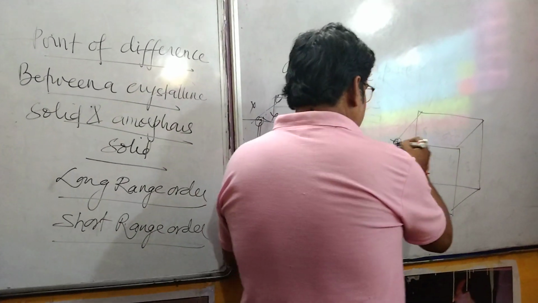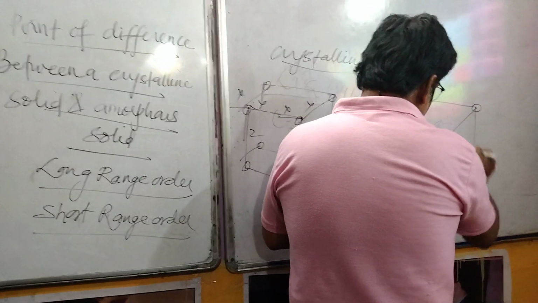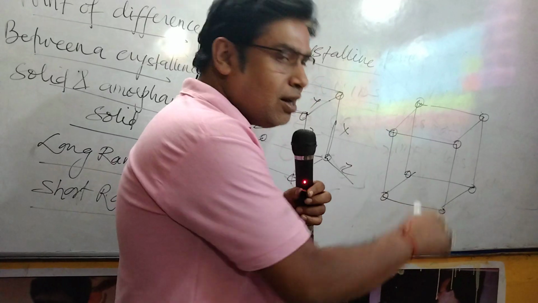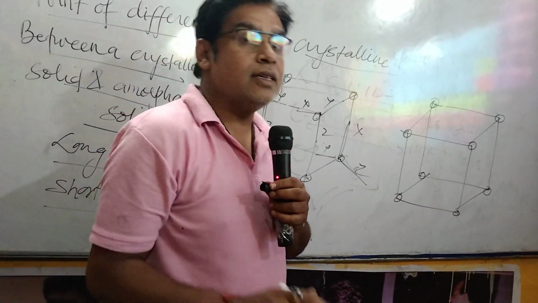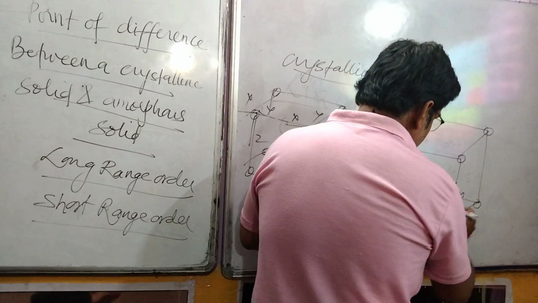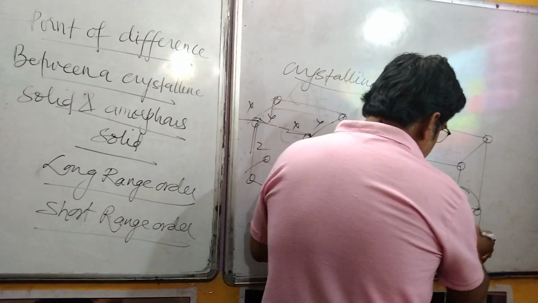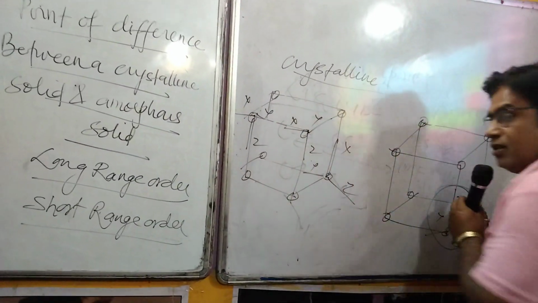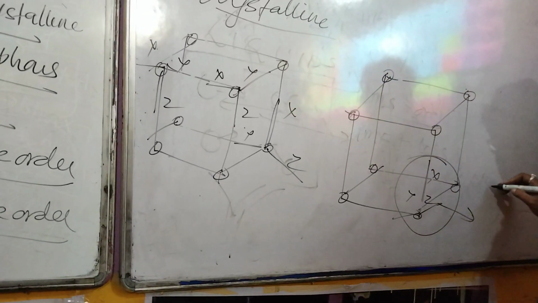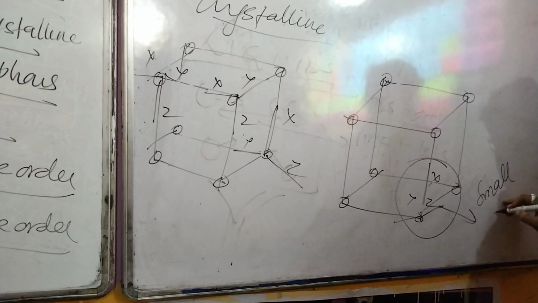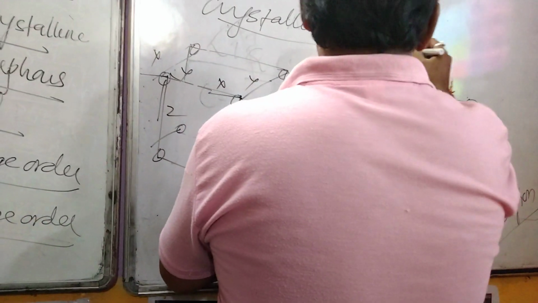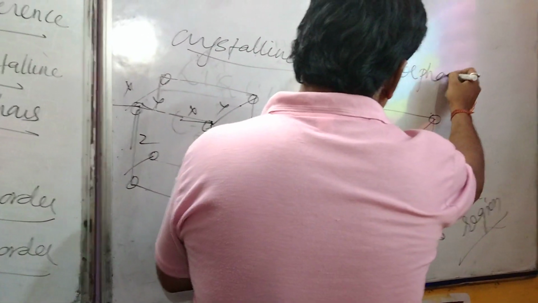You will find that the particles are present in various corners or positions, but this regular arrangement, or I must say this three-dimensional arrangement of x, y, and z, is located in a very, very small region. So this is the difference between an amorphous and a crystalline solid.